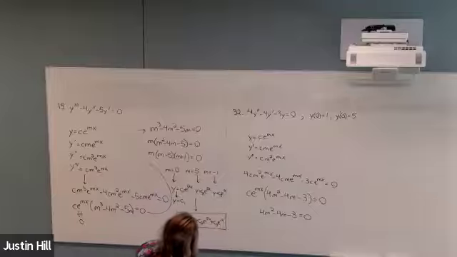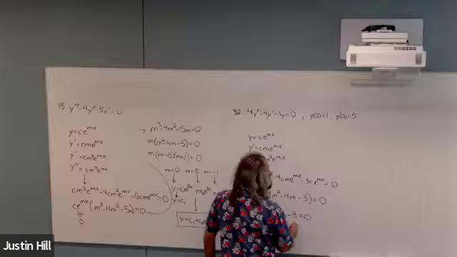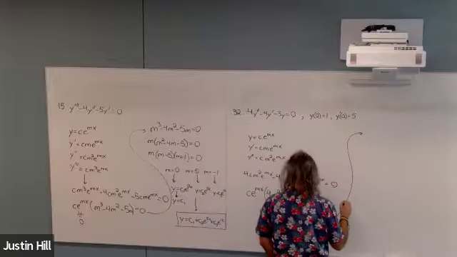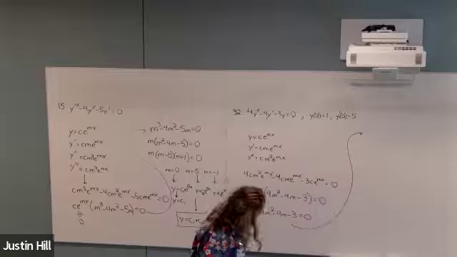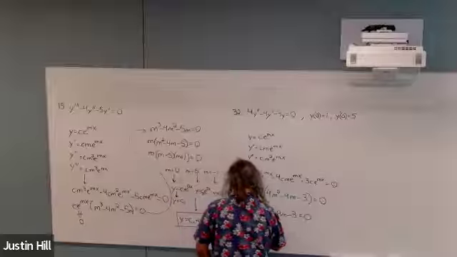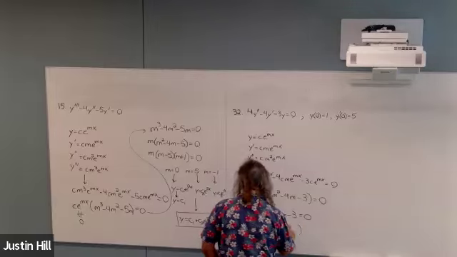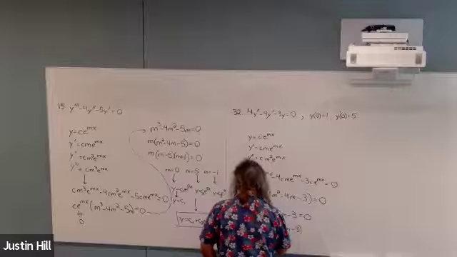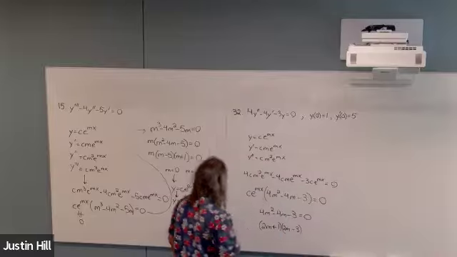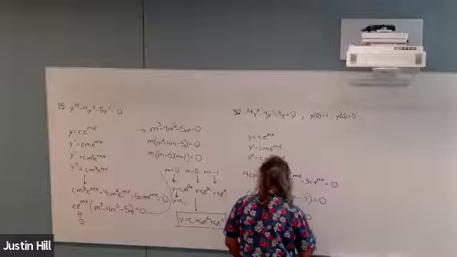Factoring on that, let's see, it should be 2m, 2m, minus 3, plus 1. That all good? Yeah. Minus 6 plus 2 is minus 4, beautiful.